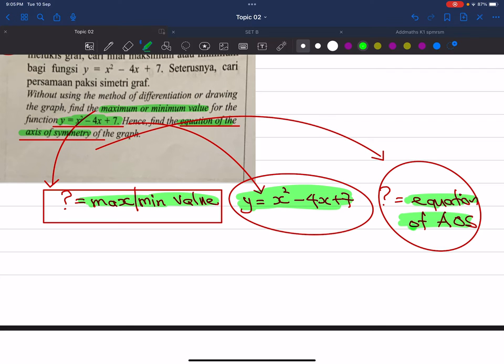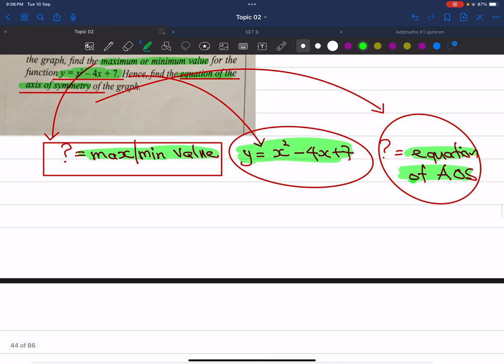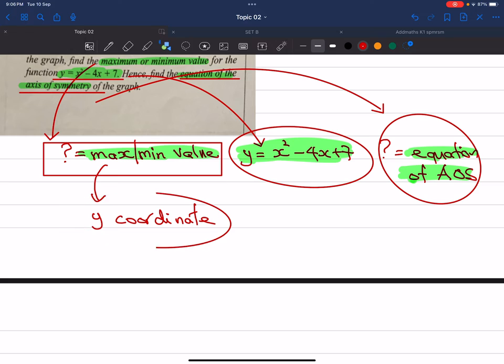of axis of symmetry. In the previous lesson, we have learned that the maximum or minimum value is the same as the y coordinate, and the equation of axis of symmetry is the same as the x coordinate.